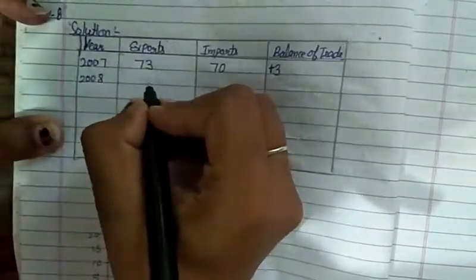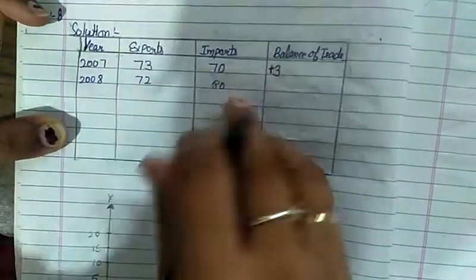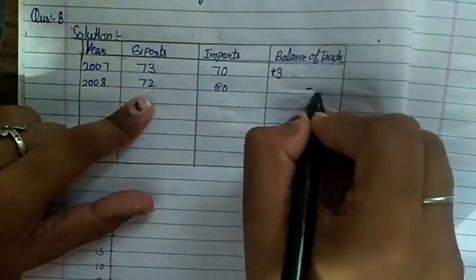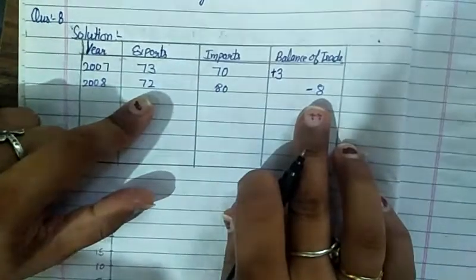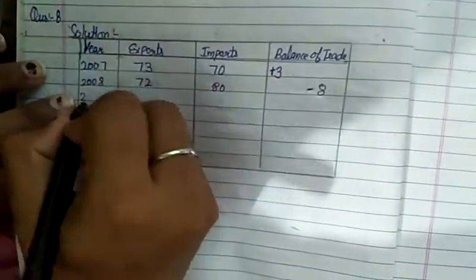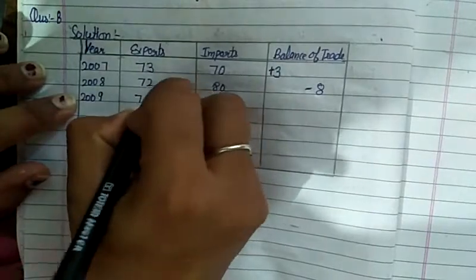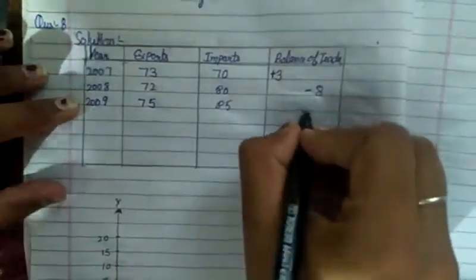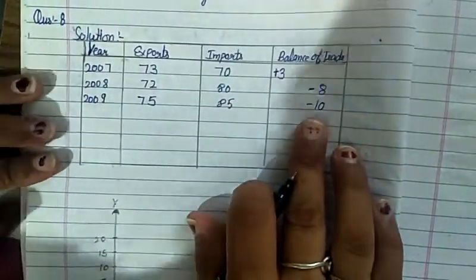In 2008, 72 exports and 80 imports, so imports are more than exports, so it shows a deficit of -8 in balance of trade. Next, 2009: 75 export and 85 import shows -10, that is deficit in balance of trade.